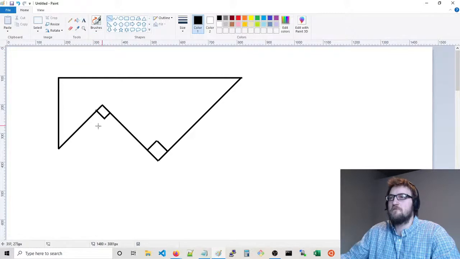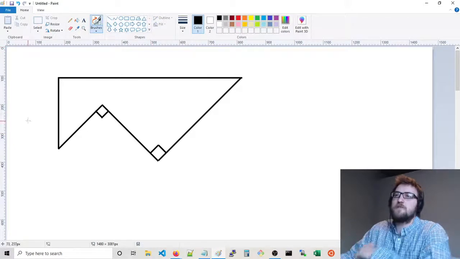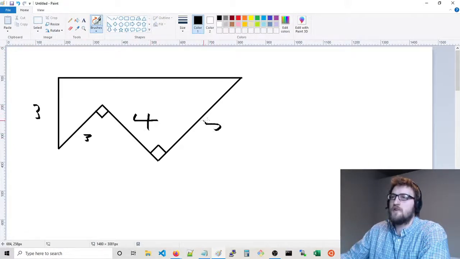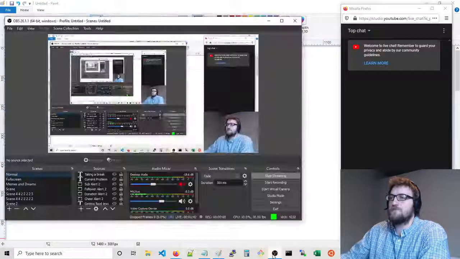Let's try that again. Really should make a square, right? Not quite. Okay. And they said 3, 3, 4, 5. What is this? Right? This was basically the question.